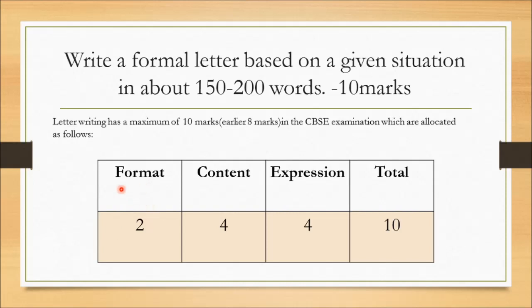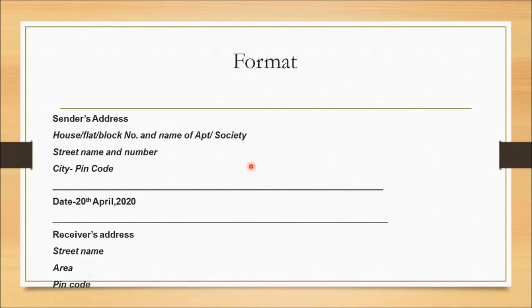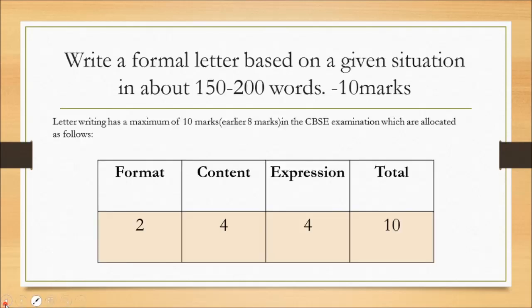In the first category, the format is given. Content is the next category, and the third category is expression. Overall, when you write a letter, your letter will be evaluated from all these 3 categories. You can see that from format it is 2, content is 4, and expression is also 4.